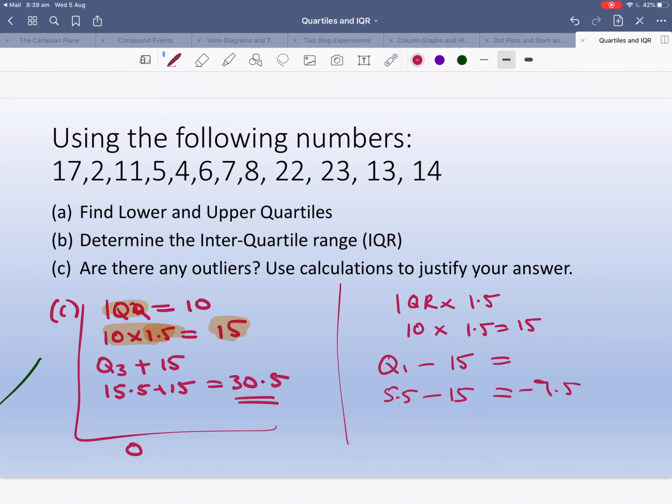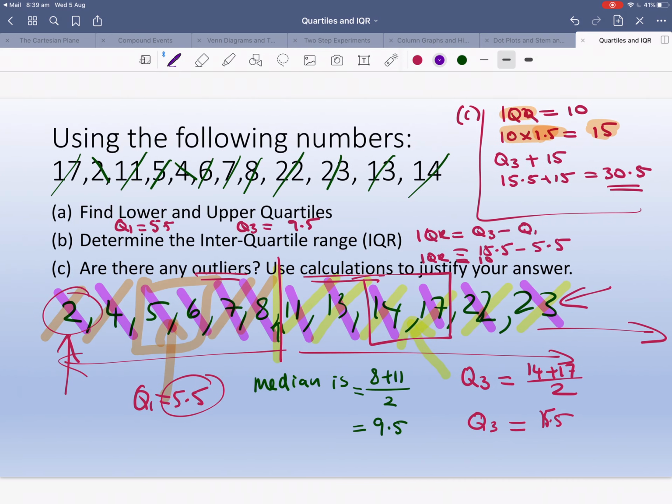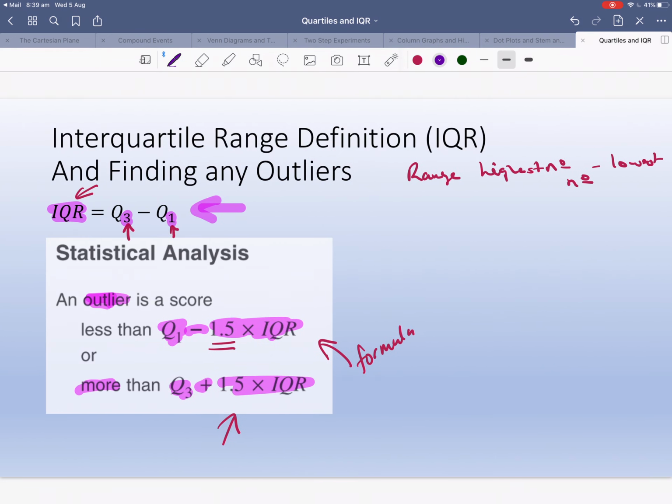If I had an extra number that was 40, okay, that would be an outlier because it's bigger than 30.5, okay? And if I had a number that was negative 10, that would also be an outlier because it's less than negative 9.5. So be aware that you can use this formula right here to calculate outliers, all right?